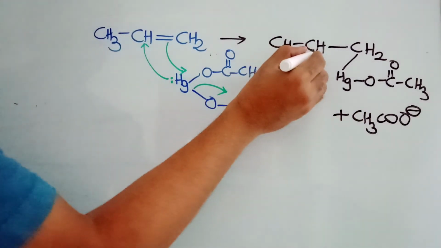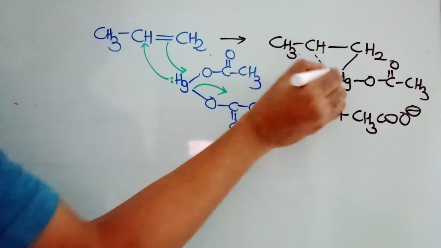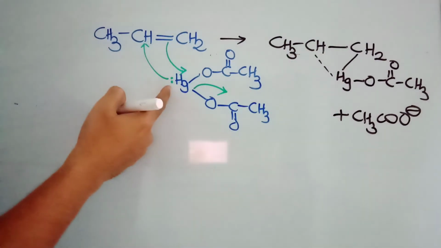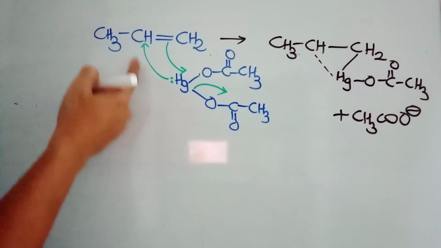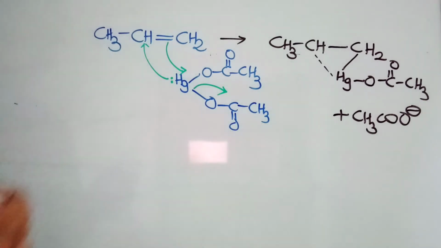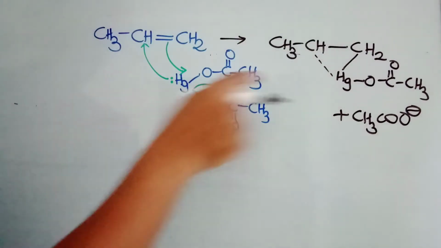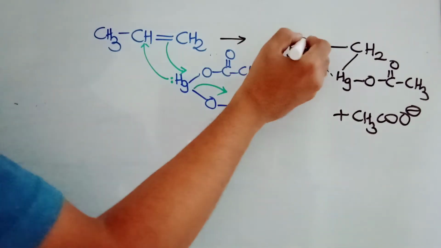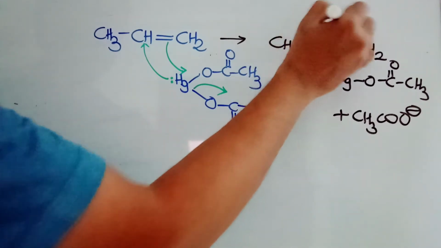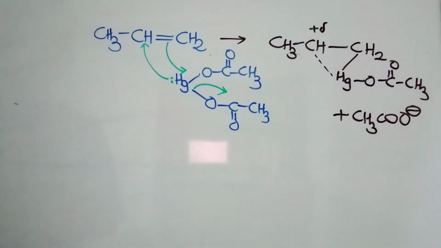It is forming a bond. Again, mercury is a metal, and metal will have electrons, so electrons can be given. We know that in the mercury cathode process, mercury can function like a cathode also. So mercury can give the electrons and it is able to form a bond, not a complete bond. So partial charge will be there. So a cyclic intermediate you can expect.